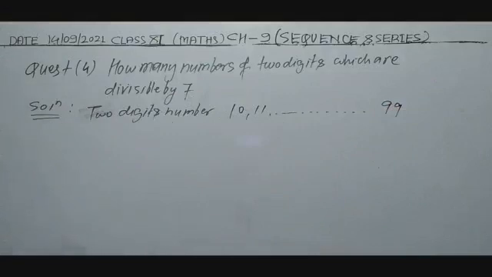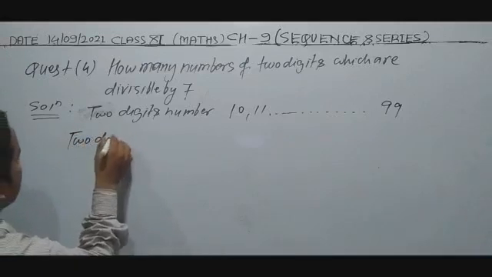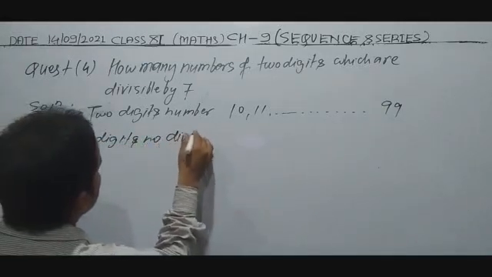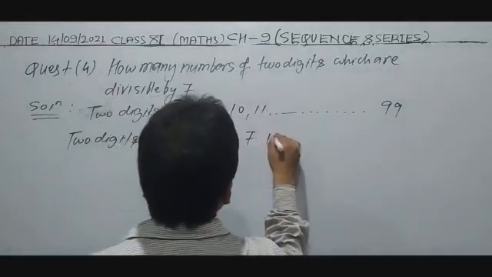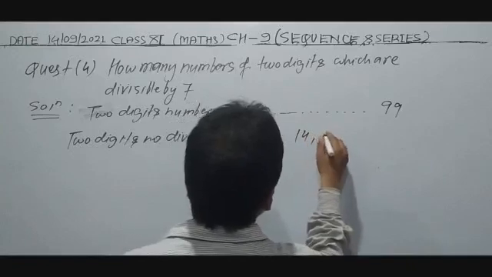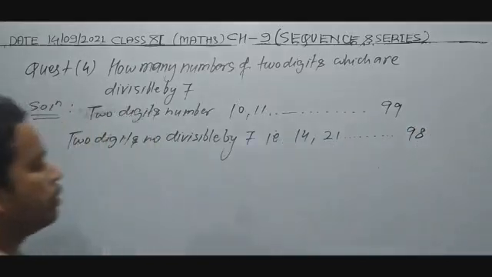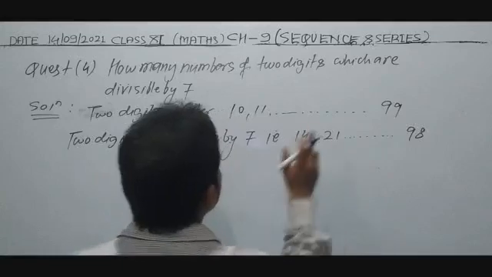Now the two digit numbers divisible by 7 are 14, 21 and so on up to 98. 98 is the last two digit number. So we have to find out how many 2 digit numbers are exactly divisible by 7.